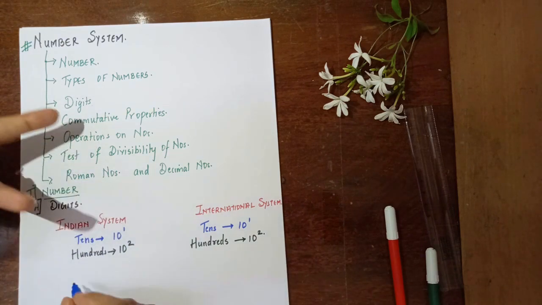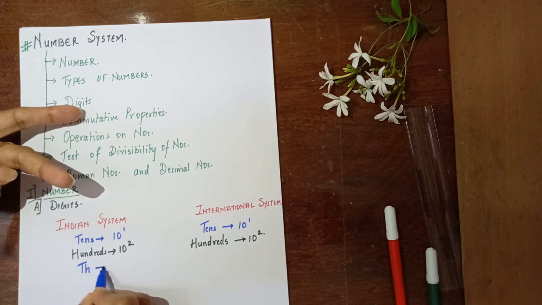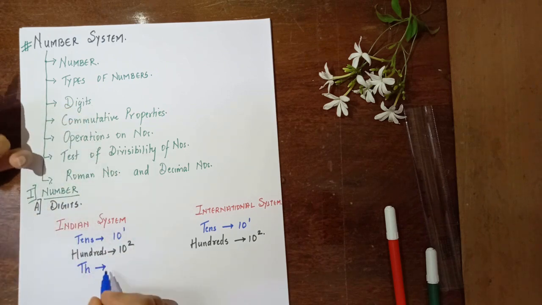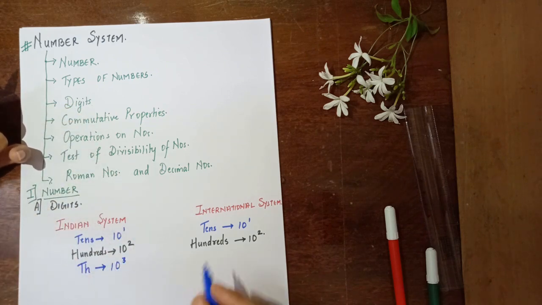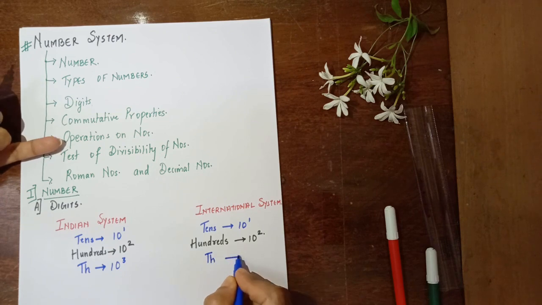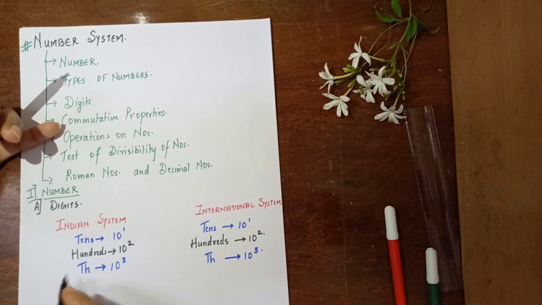Now we come to thousands. Thousands will be written as 10 raised to the power 3. Here again, thousands, 10 raised to the power 3. The next one, that is 10,000s, is written as 10 raised to the power 4.